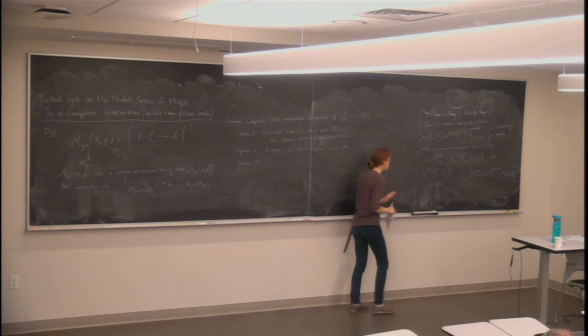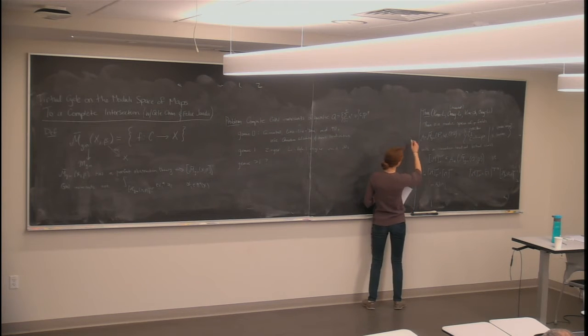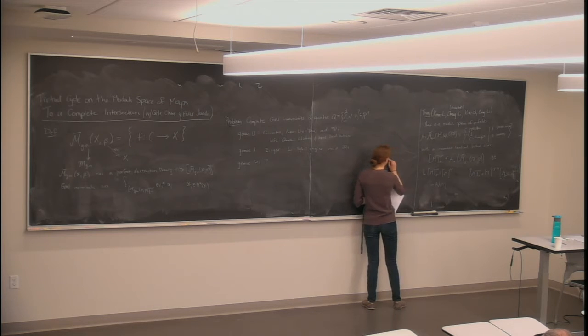Let me draw some pictures to try to explain what's going on. So I have this moduli space of p fields, and this is a cone over the original moduli space of maps to P4.